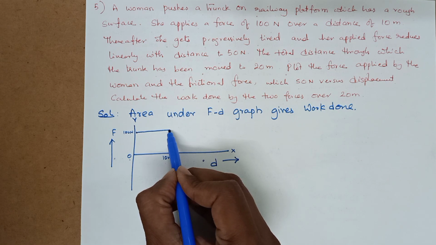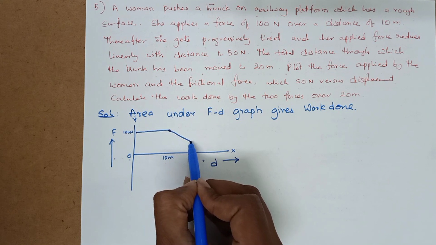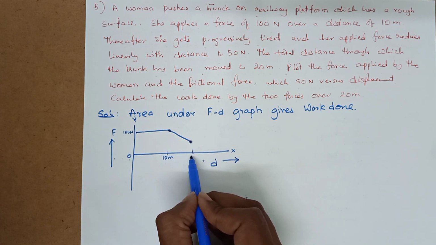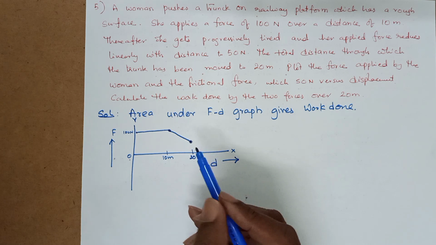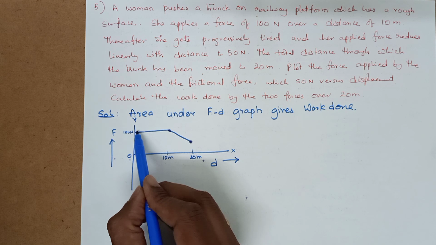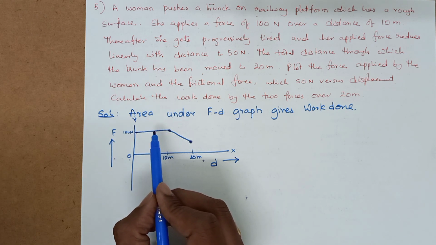Slowly it decreases to 50 newtons for the next 10 meters. So this is the varying force.